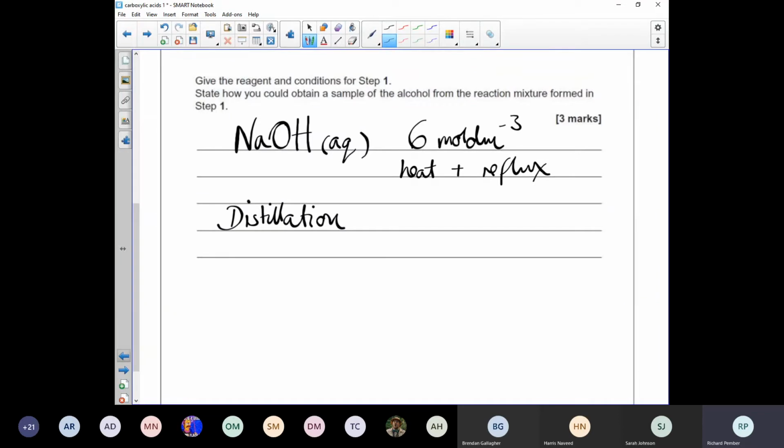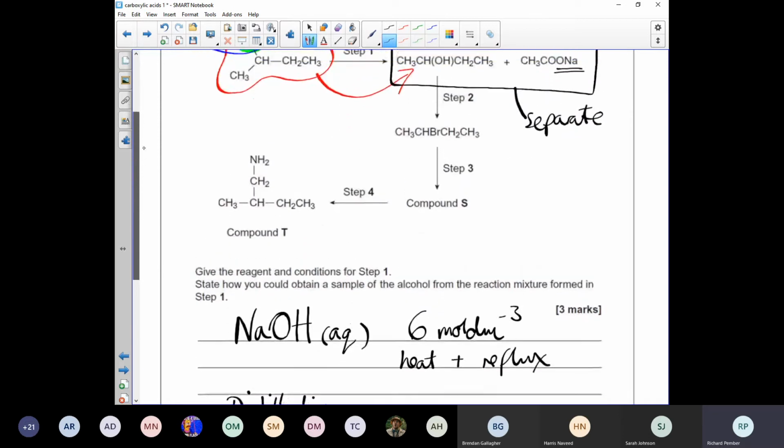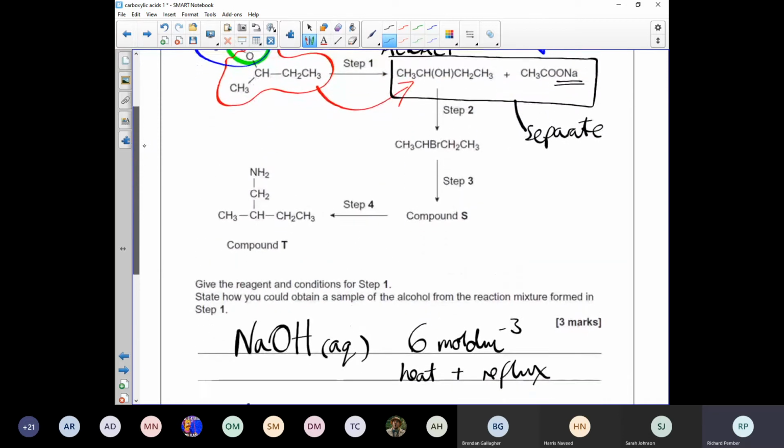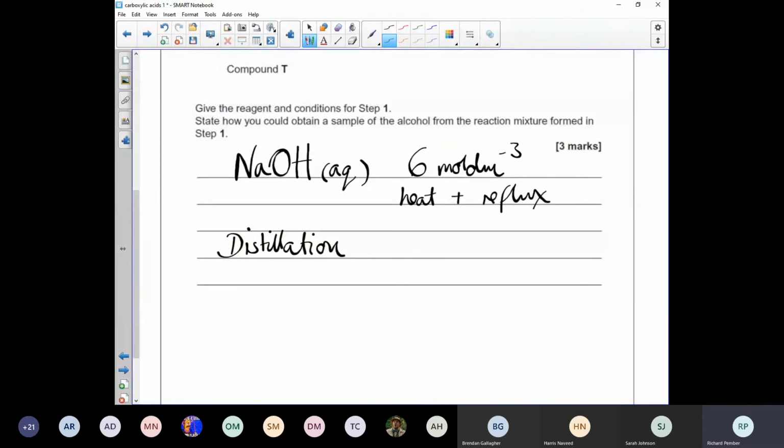Fractional distillation would be fine. Not a topic that we've really done much of yet, but you might have got away with chromatography. Not a brilliant method here if you want to keep the alcohol as a product. So distillation would be the safe answer, not just evaporation. And I think there I've covered what I will be looking for the marks.